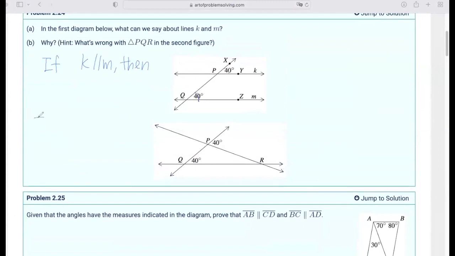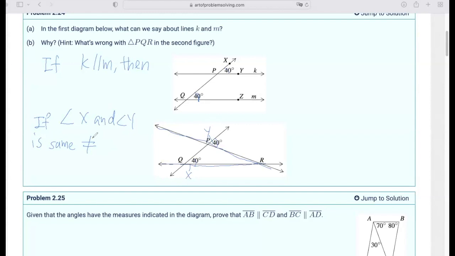However, if these two angles are the same, I'll just call them X and Y, it's faster. If X and Y are the same, it doesn't mean that the two lines are parallel.